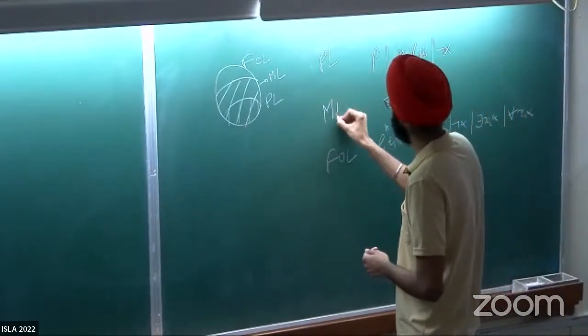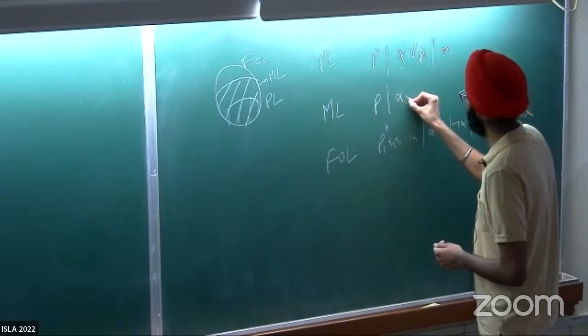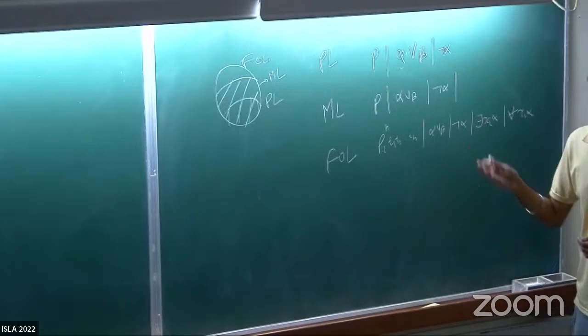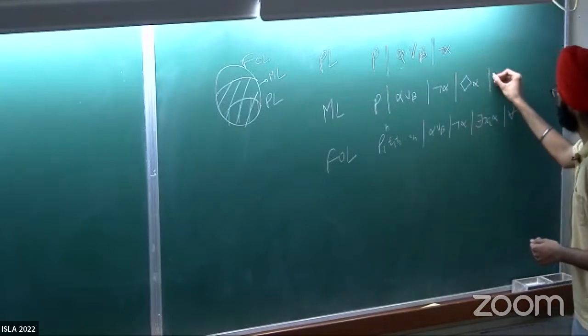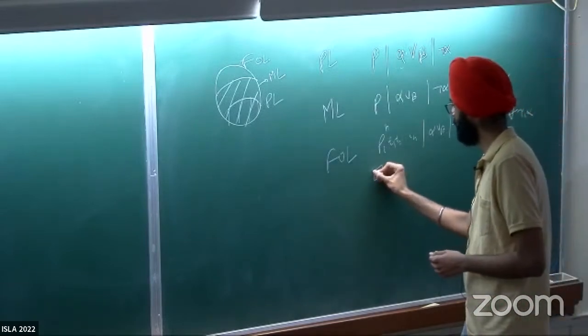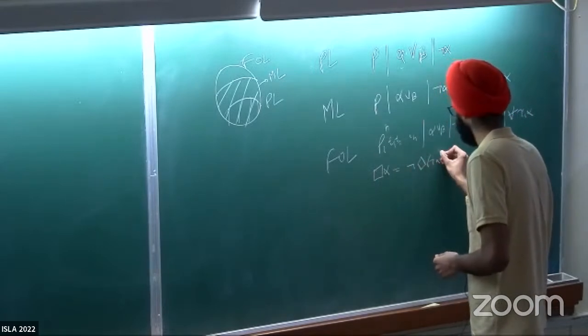In modal logic, we have the propositional variables just like PL, we have alpha or beta, we have not alpha. We have a new unary modality here, which is diamond alpha, and similarly the dual of this, box alpha. So box alpha is nothing but not diamond not alpha.